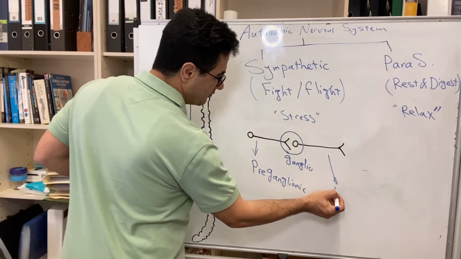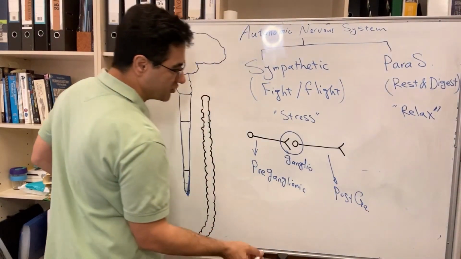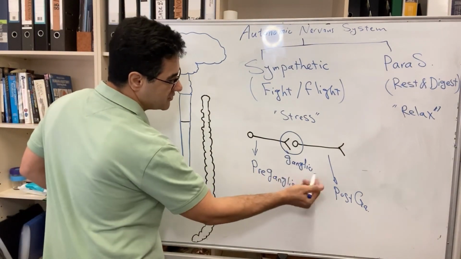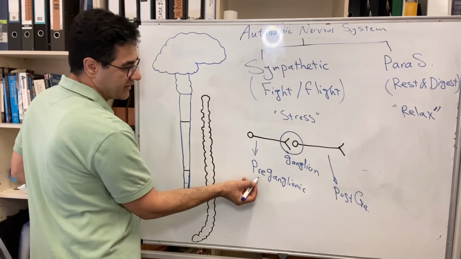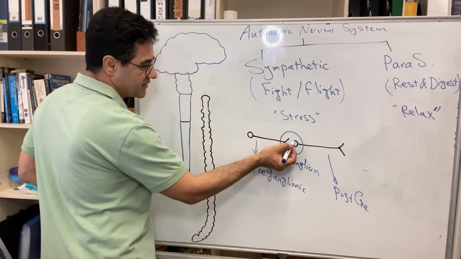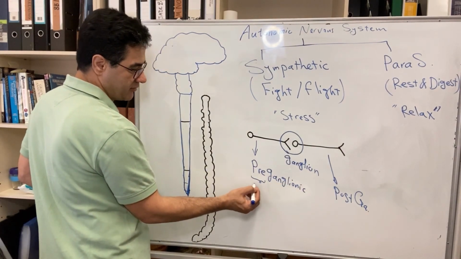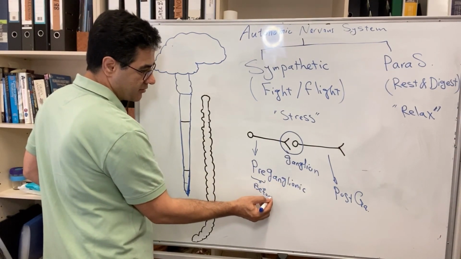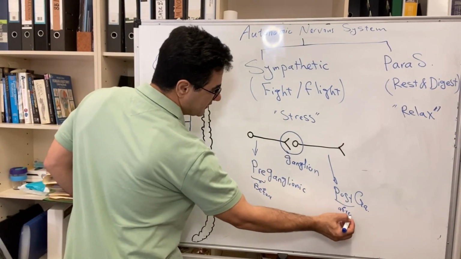So this is the cell body of the preganglionic neuron, and here is the axon, which synapses onto the cell body of the postganglionic neuron. So pre means before the ganglion, post means after the ganglion.